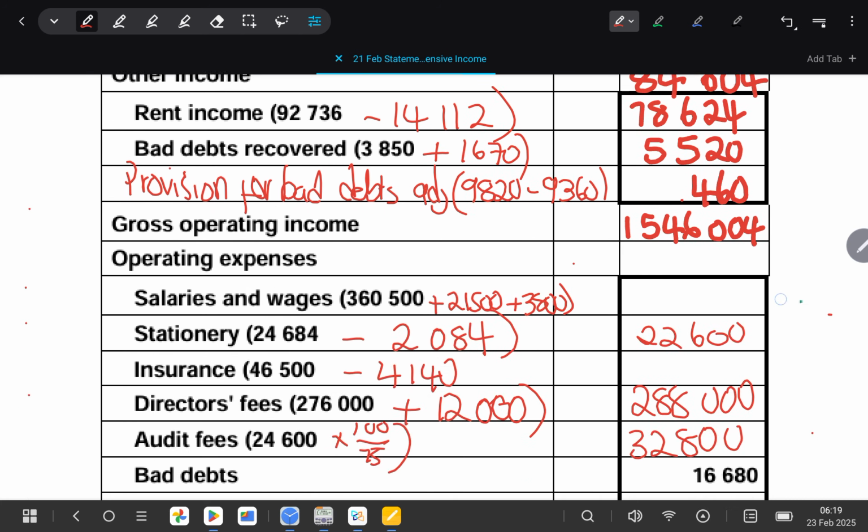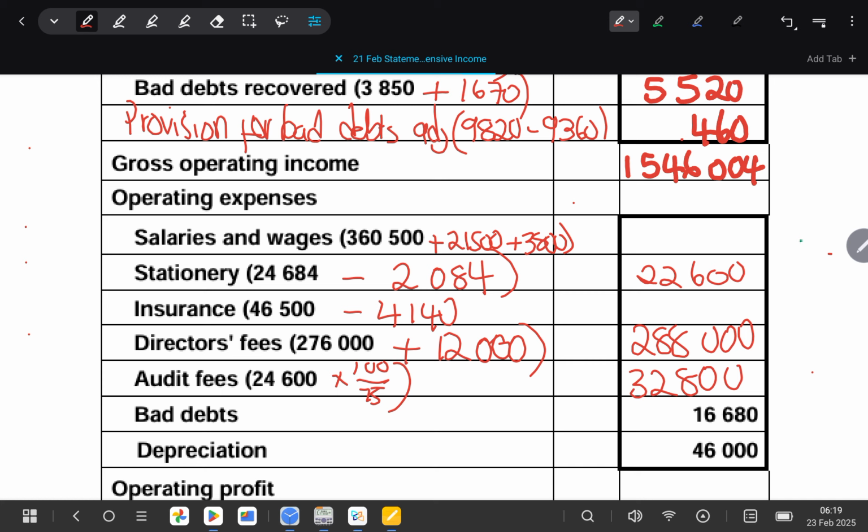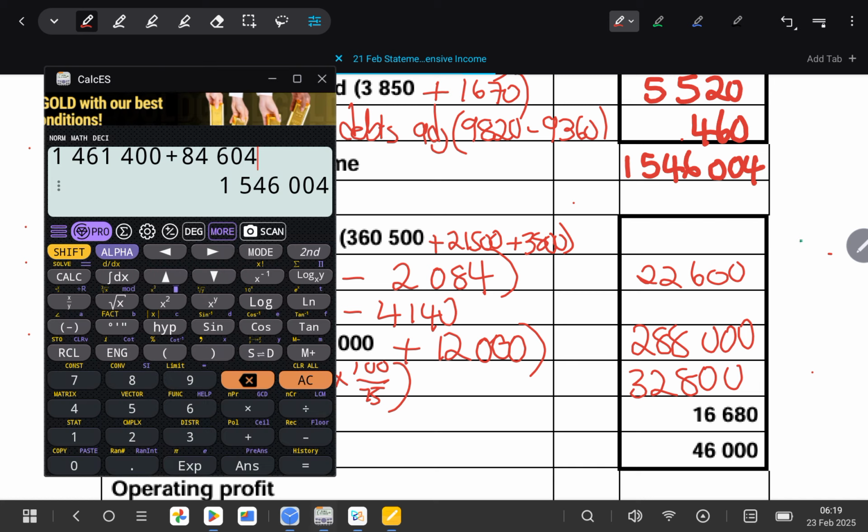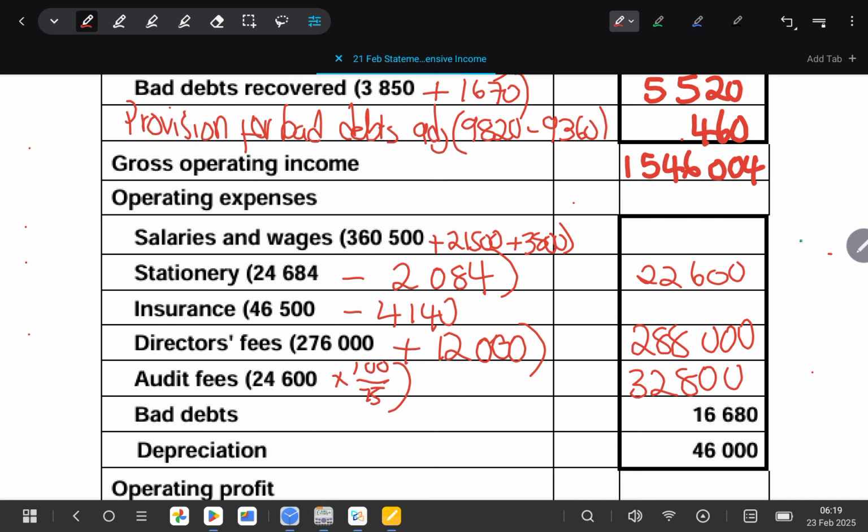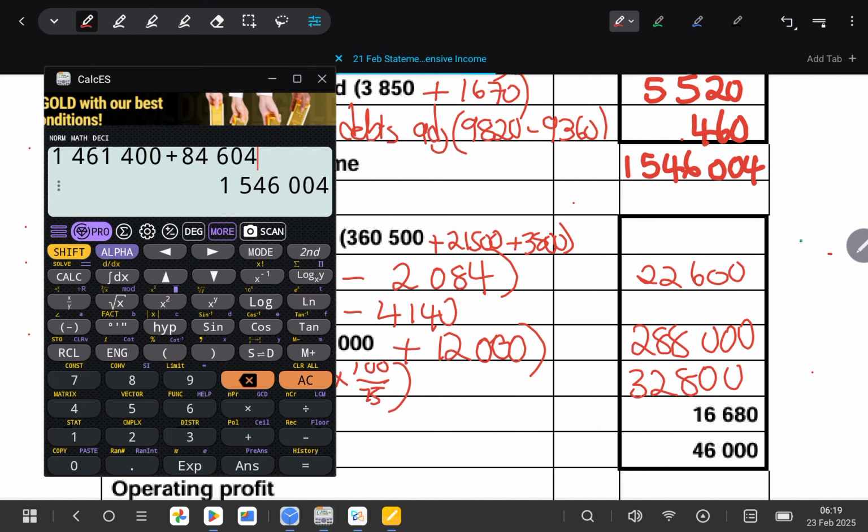Now we are going to finalize our operating expenses. We are going to add all of them. So let's see, in terms of salaries, how much are we going to have? Our salaries, we already have 360,500. So I'm going to say plus 21,500, and then also plus 3,800. It is giving us 385,800.